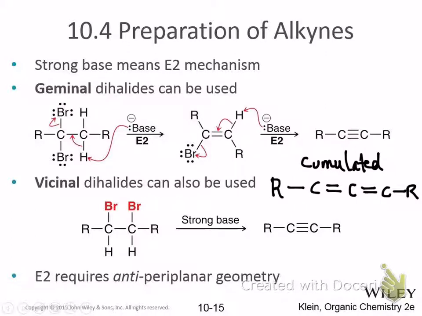So that's what makes it unstable. Yeah, on the central carbon. And so it turns out when you do like combustion analysis, basically alkyne is more stable than the accumulated diene. Same number of pi bonds, it's just more stable. So that's why you end up getting alkynes even with vicinal halides.